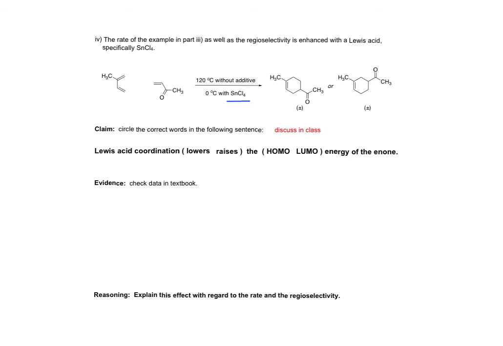Please come prepared to discuss a claim where you will circle the appropriate words in this sentence. The evidence is data that is in the textbook. And then we'll discuss the reasoning, linking claim with evidence. This concludes the first video in Module 4B on regioselective Diels Alder cycloadditions.